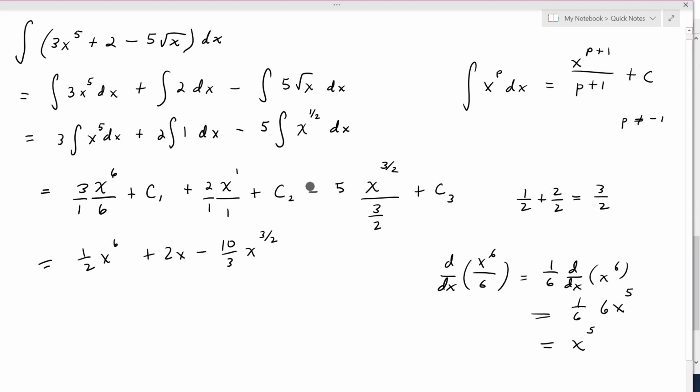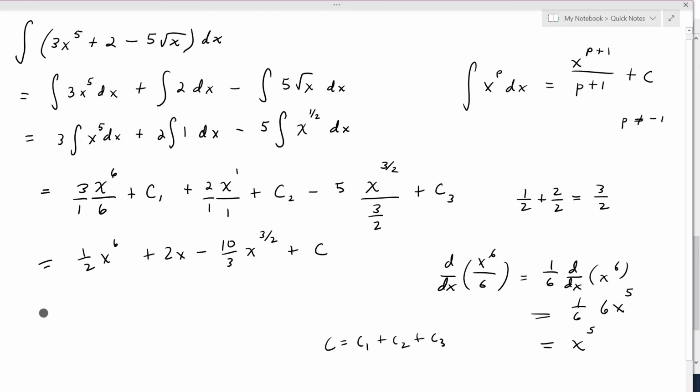Well, those are just 3 different numbers, right? They're constants. So they just add up to another constant, which I'm going to call c. So c is the same as c1 plus c2 plus c3. Okay, so I think that's as clean as we can get this, right? That's simplified as far as we can go. And so this is the antiderivative of this function here.